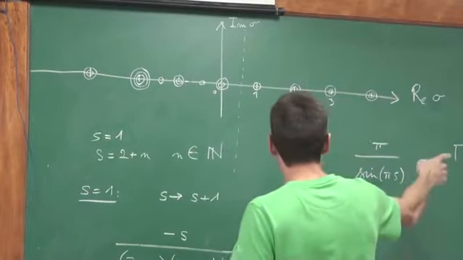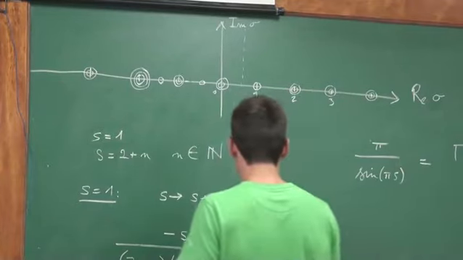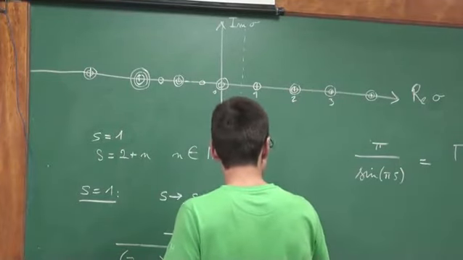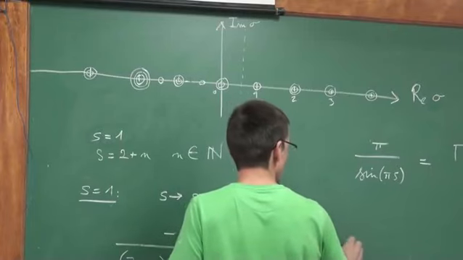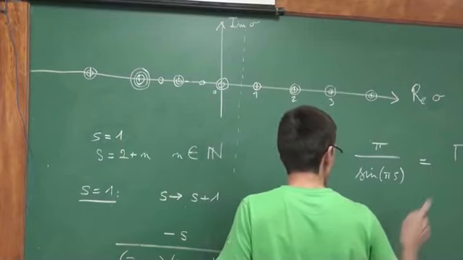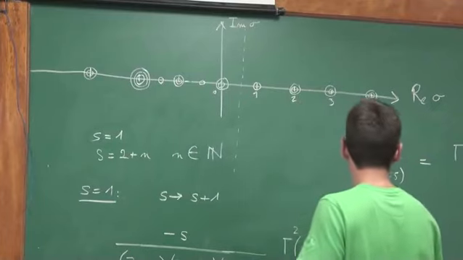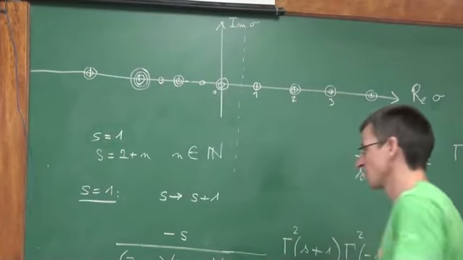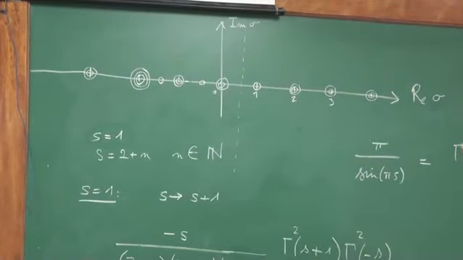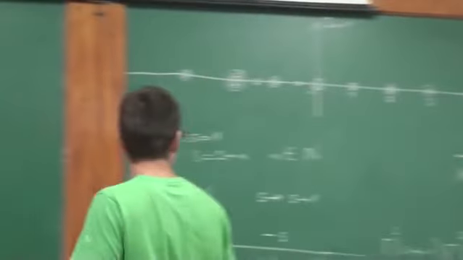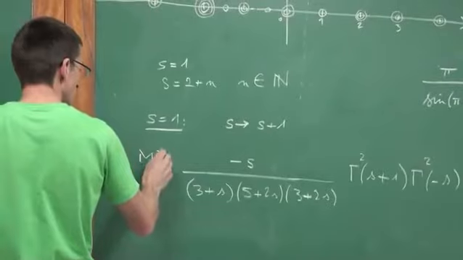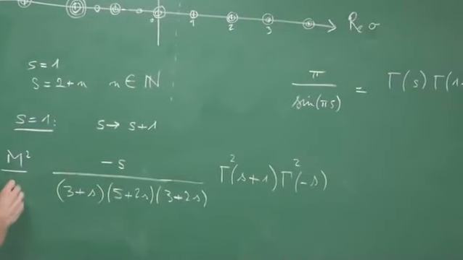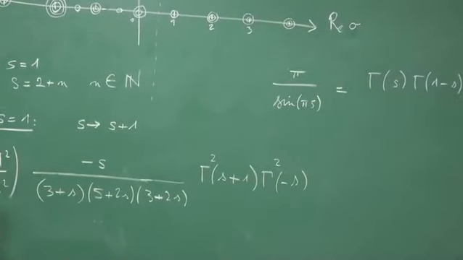And so when I put s equal to s plus 1, I find gamma s plus 1 squared, gamma 1 minus s, which is minus s squared. Okay, and I forgot the mass term, n squared over n squared to the power minus s minus 1.